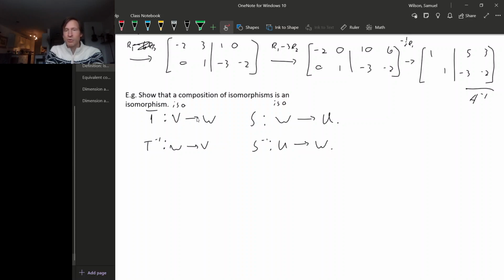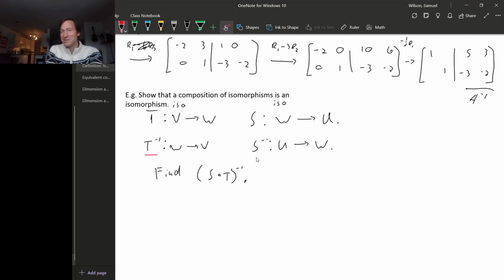Okay, well, if we're hoping that S composed with T is an isomorphism, what we want to do is find the inverse of S composed with T. Well, what could it possibly be? We can basically guess the right answer.